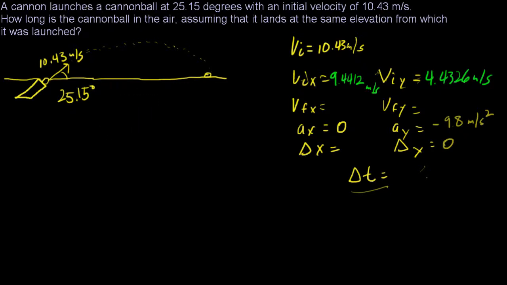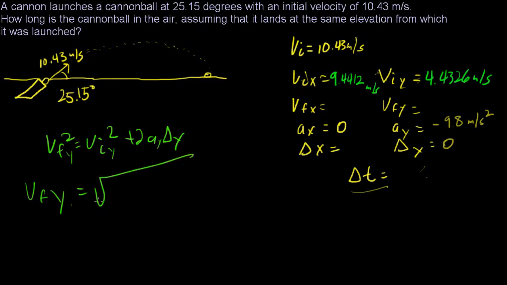So let's find VF. How can we find VF? Quite easily. VF squared equals VI squared plus 2A delta Y. Okay, this is AY, this is VIY, this is VFY. So solve this for VFY. That's just the square root of VIY squared plus 2AY delta Y. Notice when we plug in, let me actually plug in.